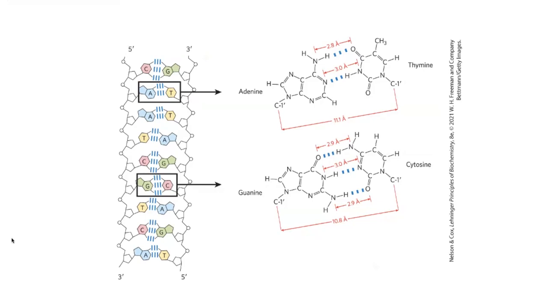Also, although these hydrogen bonds aren't the key force of the binding, they actually do offer more stability than we would see with other types of hydrogen bonds. This is because they're optimally arranged, oriented in ideal positions. Remember, we wanted that linear arrangement of our donor and our acceptor and that short distance.